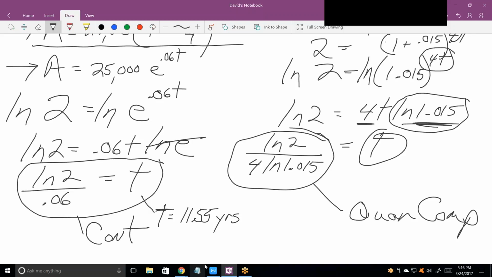Now, in your calculator, figure out what natural log of 2 divided by 4 times natural log of 1.015 is. And be very careful how you put this in. Make sure you use plenty of parentheses. In other words, you need parentheses on the outside.